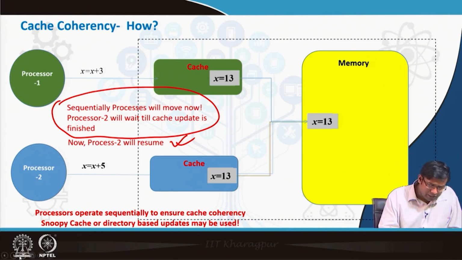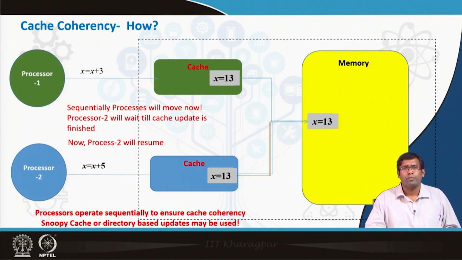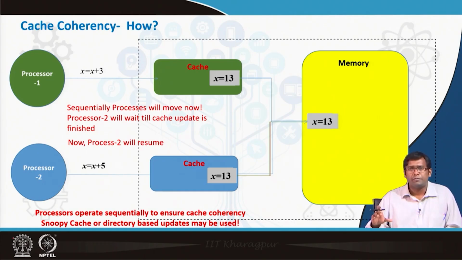There can be another aspect, we'll probably discuss it at some point later, that consider a case that cache is not a single variable. Cache contains prefetched data in anticipation that these are the next data which will be used. So, it fetches a line or a set of variables, a line of an array.